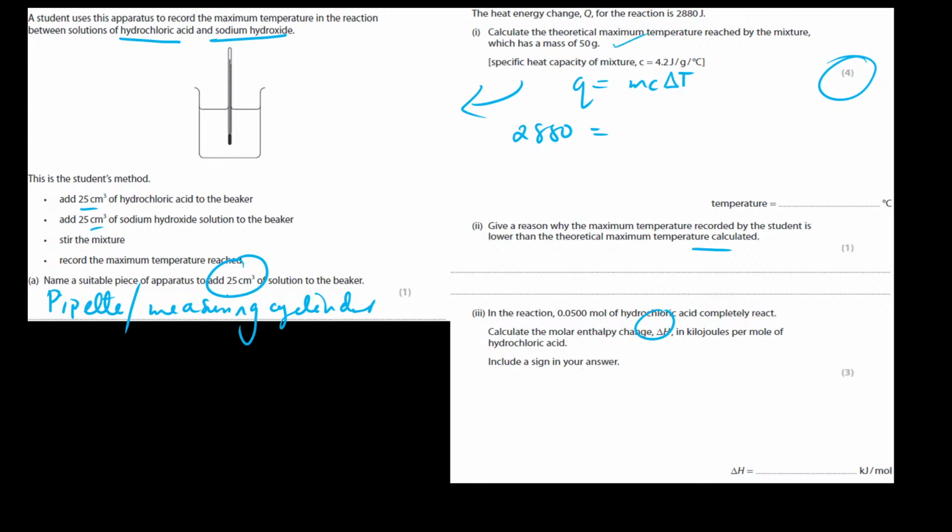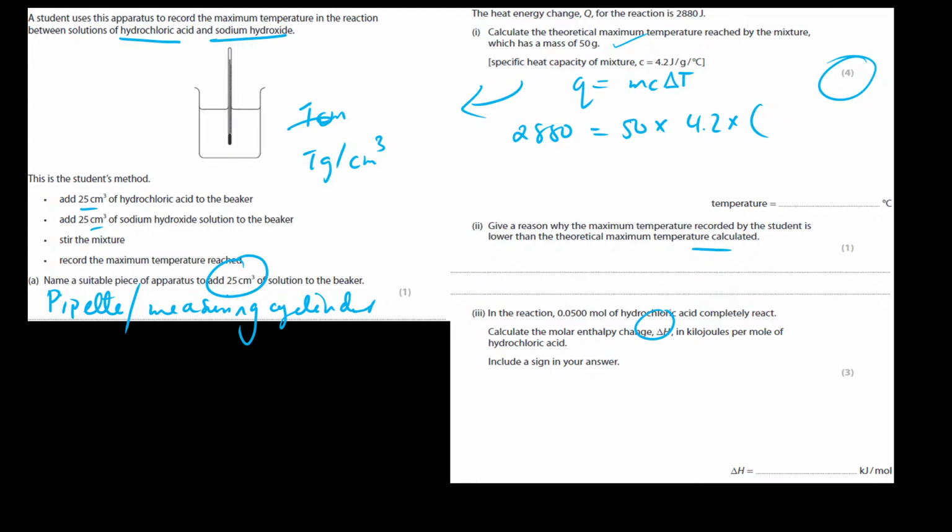It has a mass. The theoretical mass reached by the mixture is 50. So it's based on the density of water, isn't it? The density of water is 1 gram per centimeter cubed. So based on that assumption, we have 50 times 4.2 times the temperature change.